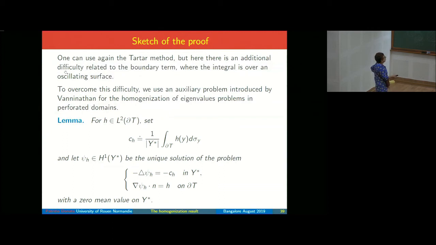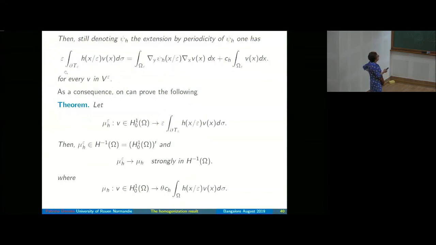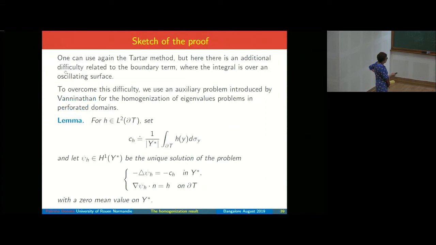You can show that actually C_h has to be exactly this one because there is a compatibility condition. So this is the good C_h that you can choose here, if you want h here, because if you integrate the Laplacian, you have just the integral of this one, which will be the integral of this one, so you have this condition.